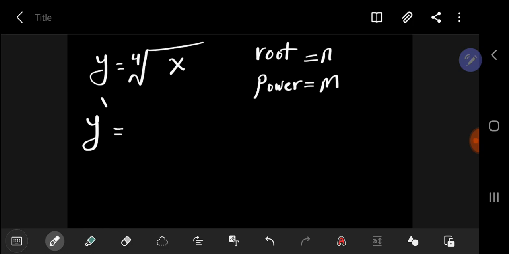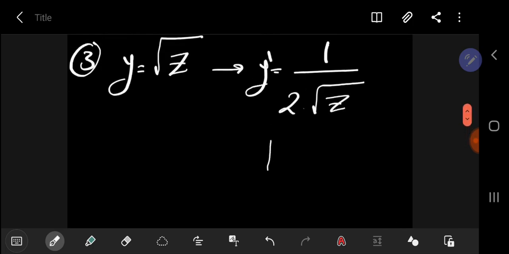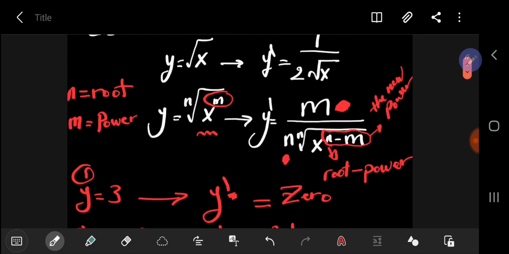Okay, now here the root equals 4, the power equals 1. So if I go back to the rule, it says the power over the root multiplied by the same root, under the root the variable to the new power equal to n minus m, root minus power.